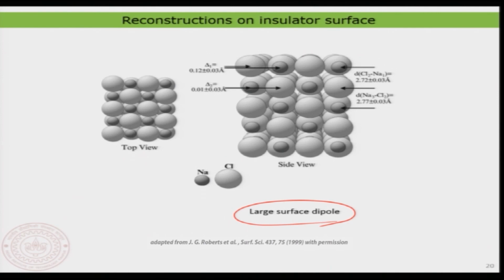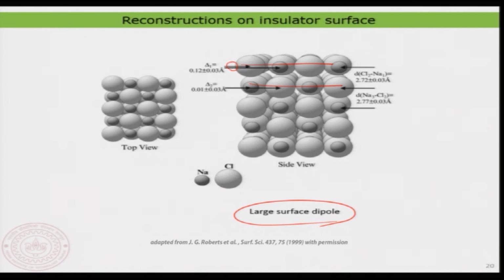Now, the thing I want to point out here: take sodium chloride, and if you look at the side view and the top view, you see the top layer and the second layer, and there is a very tiny bit of change or relaxation of the top layer towards the surface. That means even for a surface with a large dipole, you still find relaxation of the top layer.